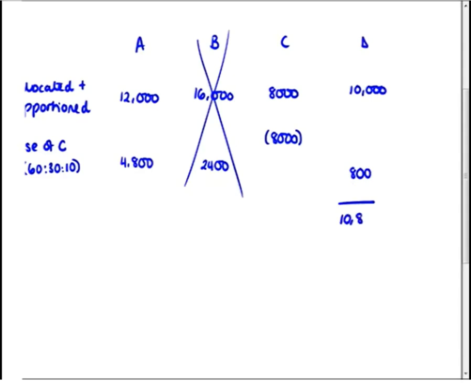So we've now got 10,800 in D, and we need to reapportion D between A and B. 80% of it is going to go to A. So 80% will be 8,640. So the total amount in Department A is going to be $25,440, which was answer D.